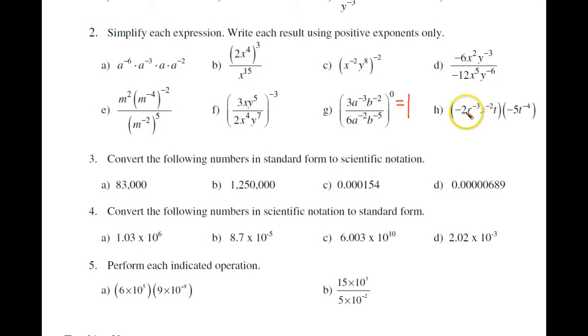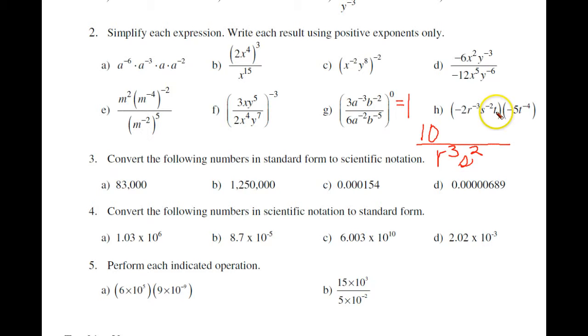Okay, so a couple of things going on in letter H now. Negative times a negative will give you a positive 10. And we're going to put these right where they should go. This is going to be r to the negative 3. Well, there's no r's there. So this just goes down to the denominator. S to the negative 2 goes down to the denominator.